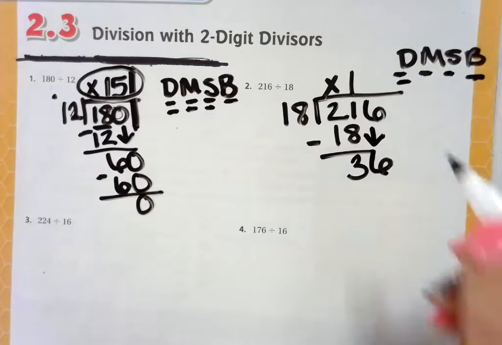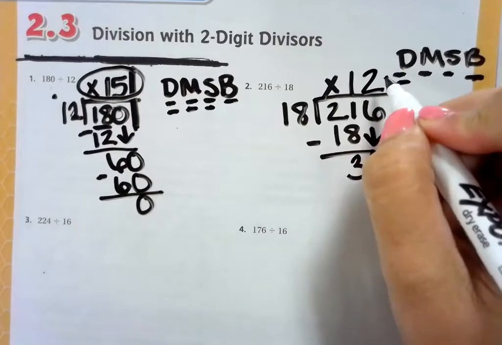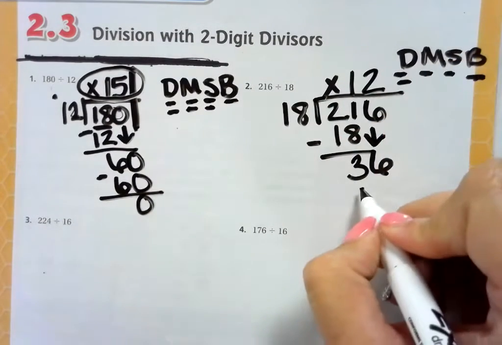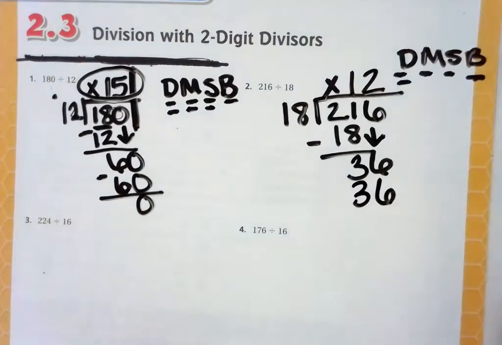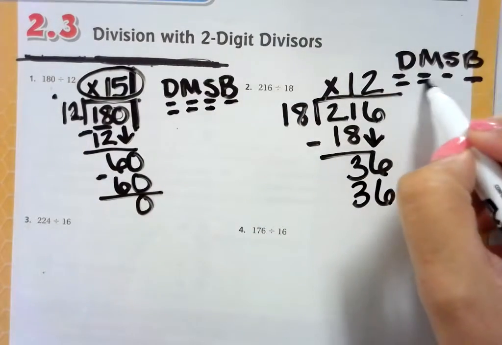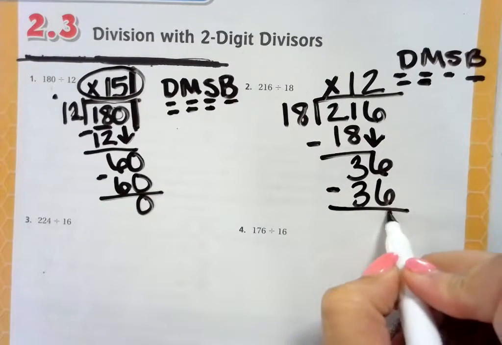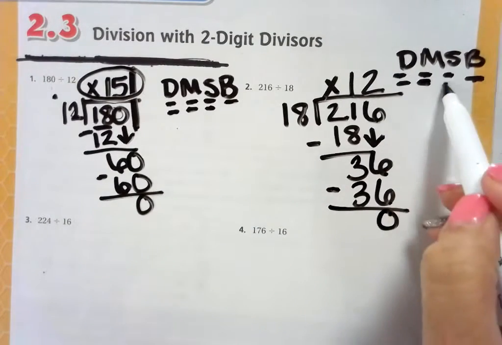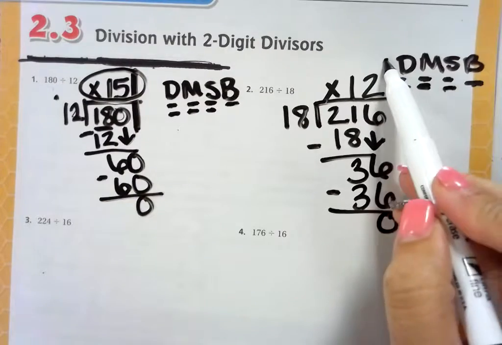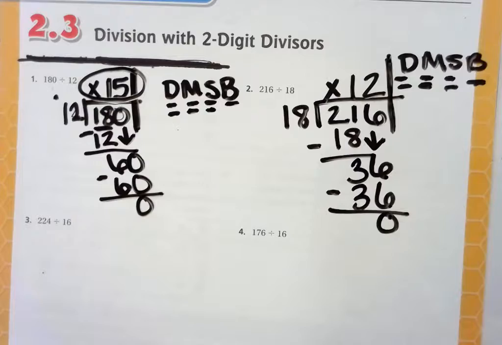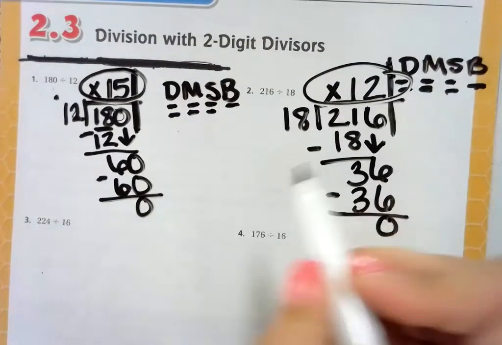How many times? 2 times, because 2 times 18 is going to give me 36. So I multiplied. Then I need to subtract. I'm left with 0 there. Is there anything else for me to bring down? No, and I'm at that wall. So my answer is 12 right here.